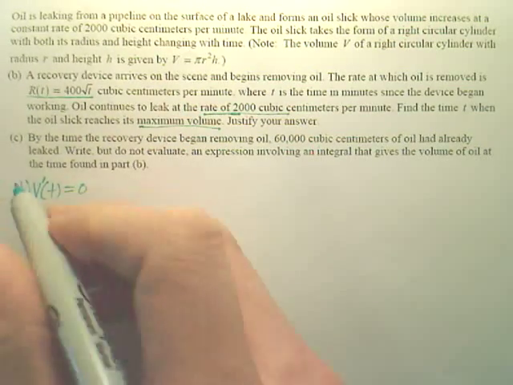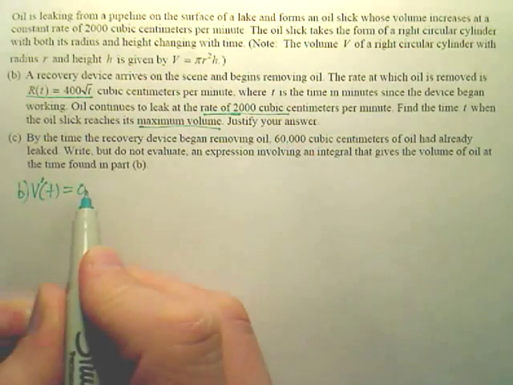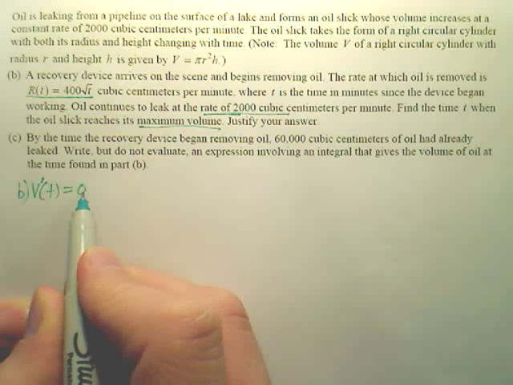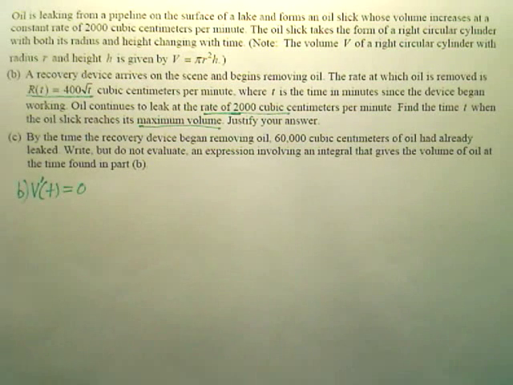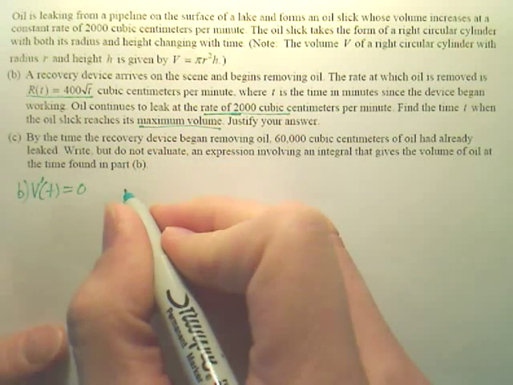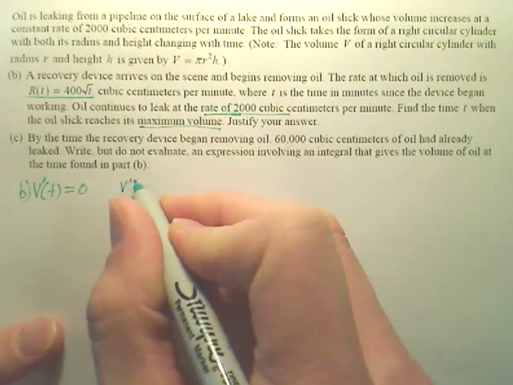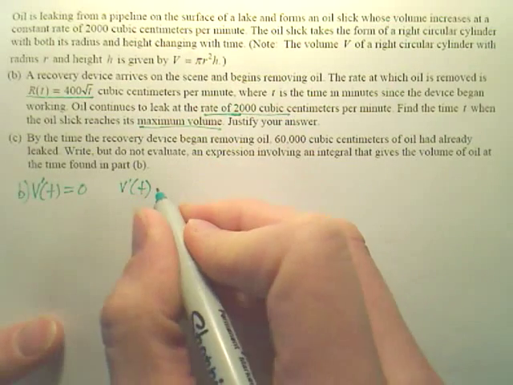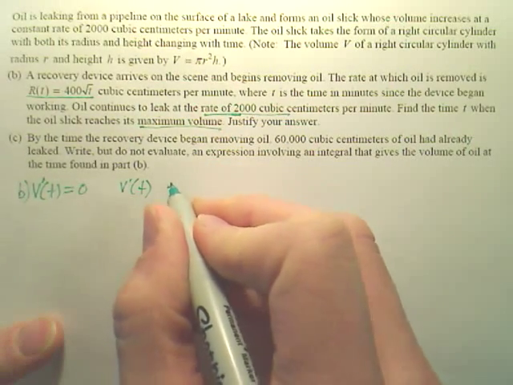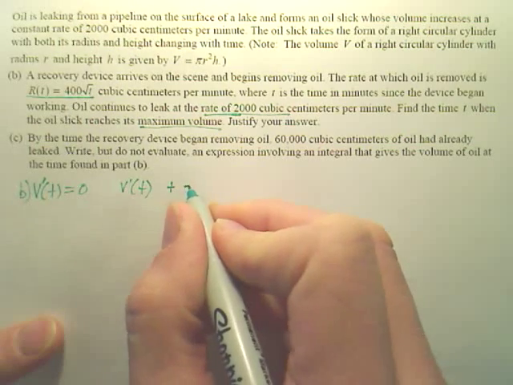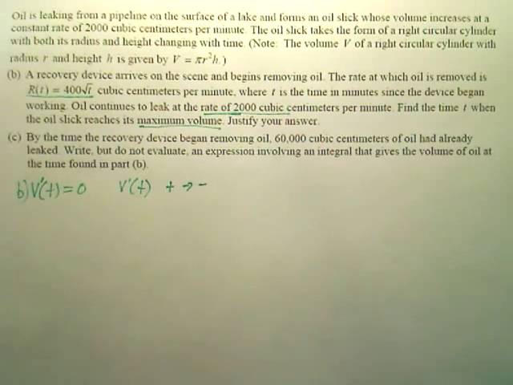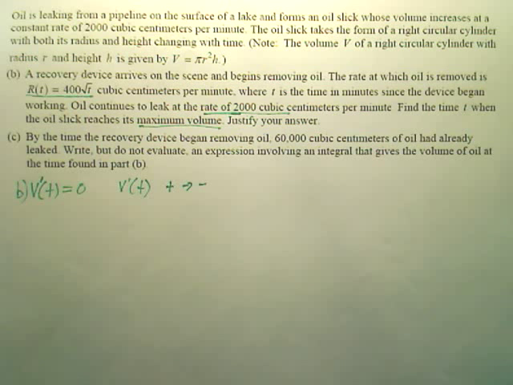For problem B, we're trying to find when the derivative of volume equals 0, and then you want to find where it changes. We want the derivative of volume to go from positive to negative, correct?